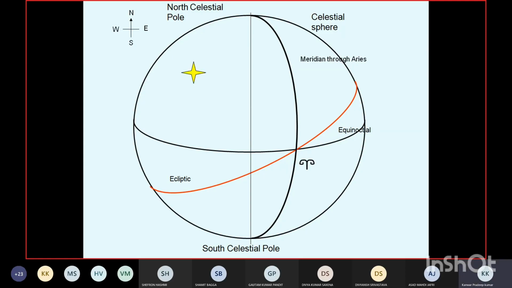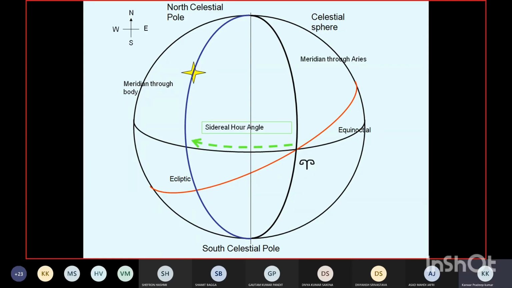There's a star over here, a meridian through the star, the meridian through the body. So what is this angle called, measured westwards from the first point of Aries? All hour angles are measured westwards. It is called the sidereal hour angle.